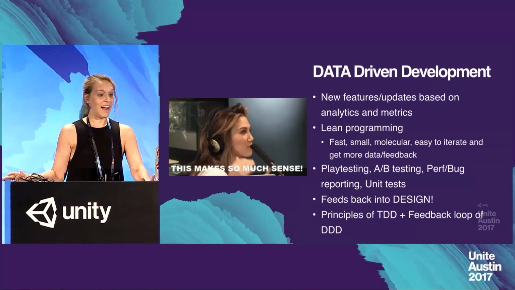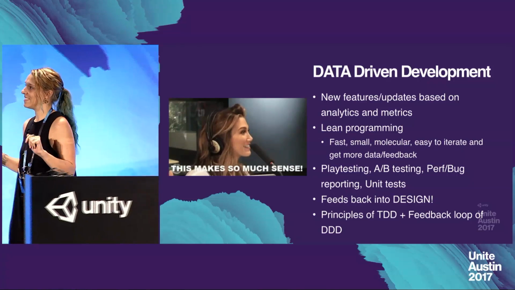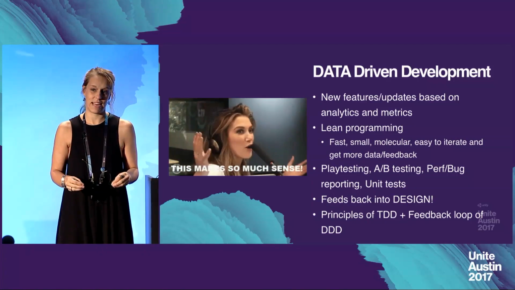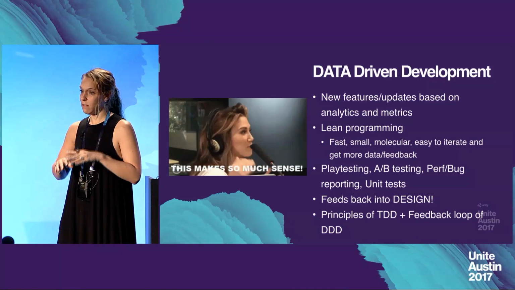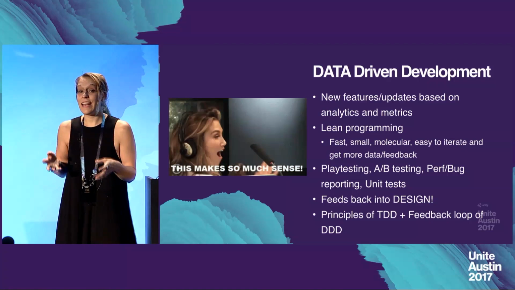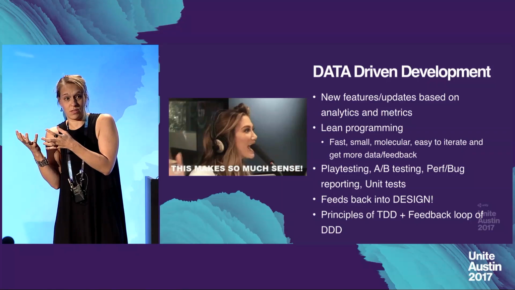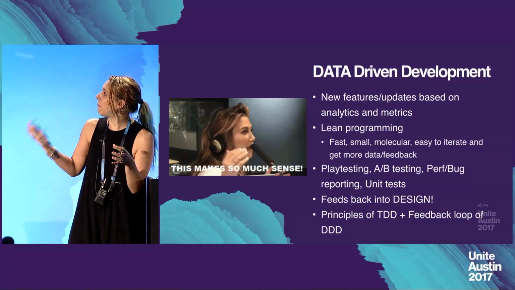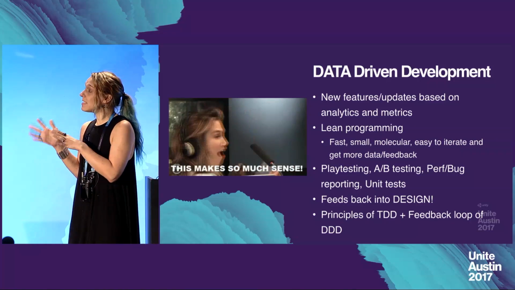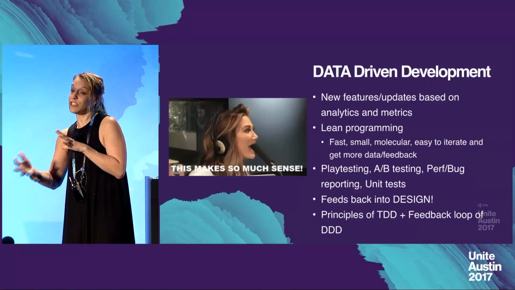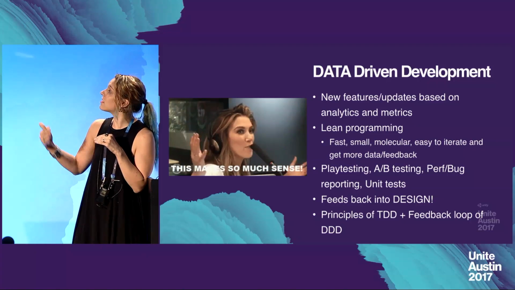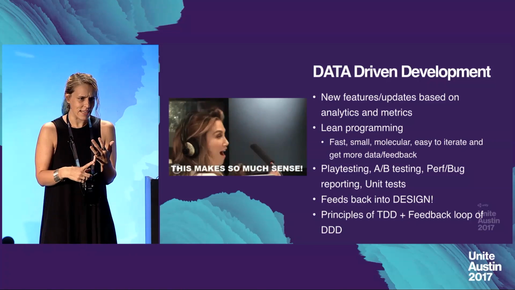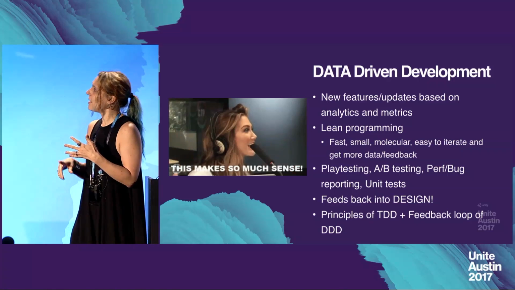So I like data-driven development. Data-driven development means that I can still have those tests, still test for sanity, rely on those principles, but get actual data out of those tests to feed into my designs and continue to make my game better and better. Lean programming still means that I'm getting data out of it, and so there are still short, concise little nuggets of logic. We get this back anyways in play testing, in our beta testing.